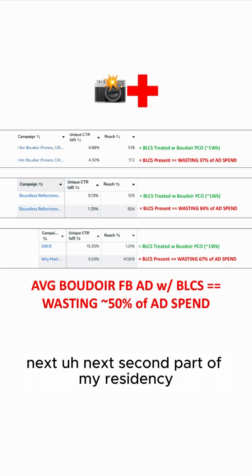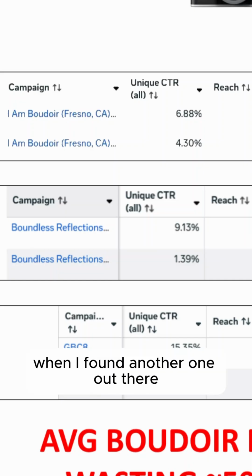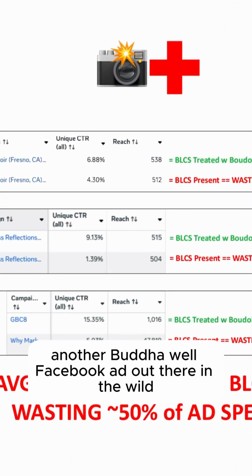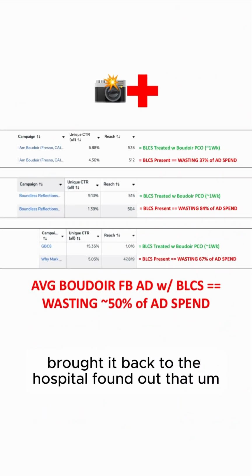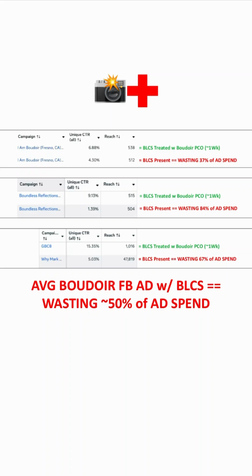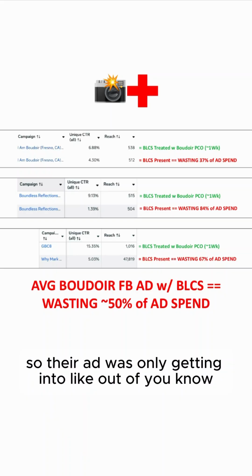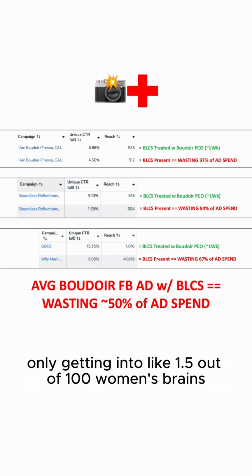Next, the second part of my residency: I found another Boudoir Facebook ad out there in the wild, brought it back to the hospital, ran it, tested it, and found out BLCS was present, with a unique CTR of 1.39%. So their ad was only getting into like 1.5 out of 100 women's brains.